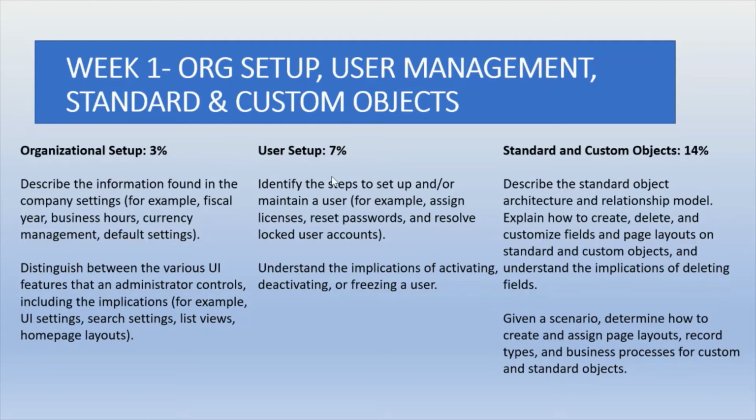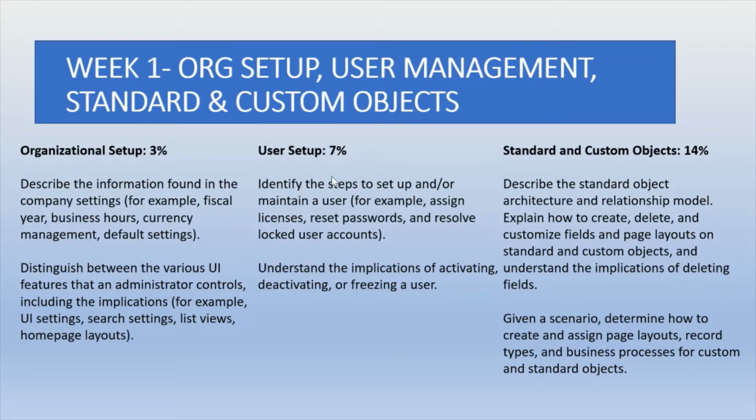We have to know the difference between standard and custom objects, and what the restrictions are. Just off the top of my head, I know that in a standard object we cannot rename the fields that they have already provided, and in a custom object we can do whatever we want since we are inventing that object.